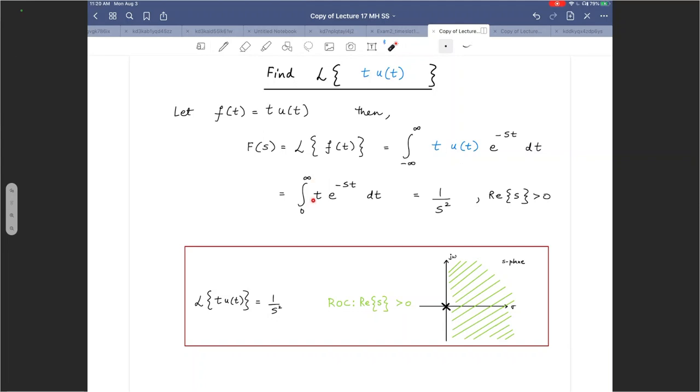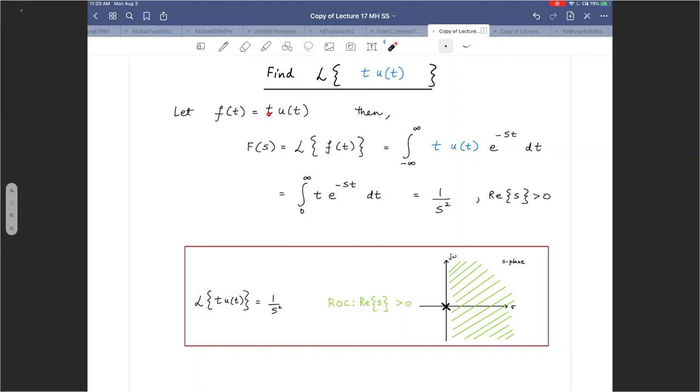T remains as is, e to the negative st. Now you can integrate that using product rule of integration or whatever integration strategy you want to apply. But if you integrate that, substitute the limits just as we have been doing so far, you will get that result to be 1 over s squared, and it will converge to that only when the real part of s is greater than 0.